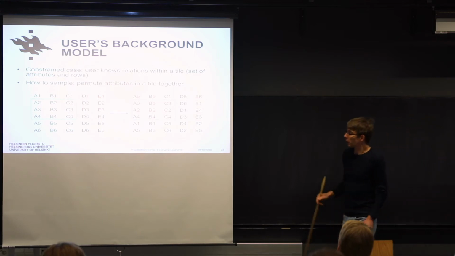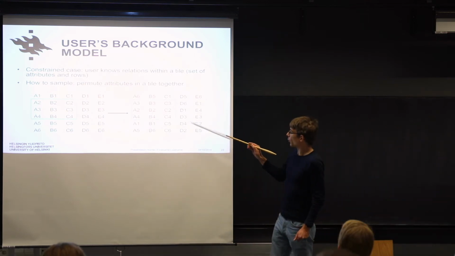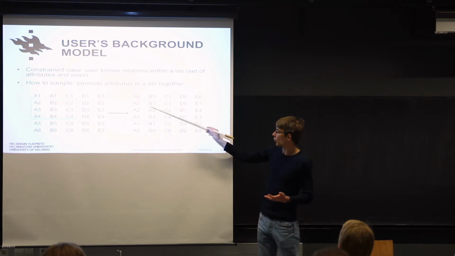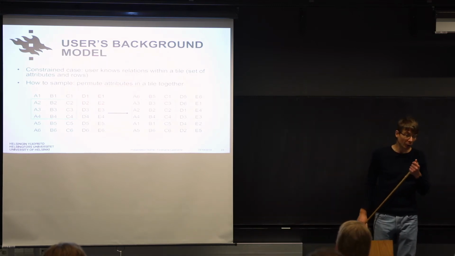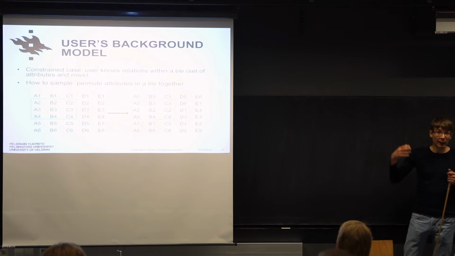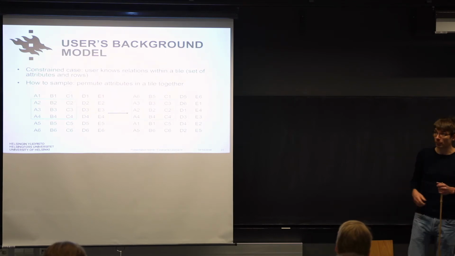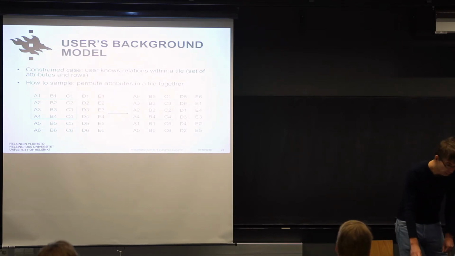Now you can see that all other relations are broken, but all, let's say, correlations and whatever patterns we have here are exactly preserved. This is also very efficient because this is just doing permutations, so it doesn't take any time at all.